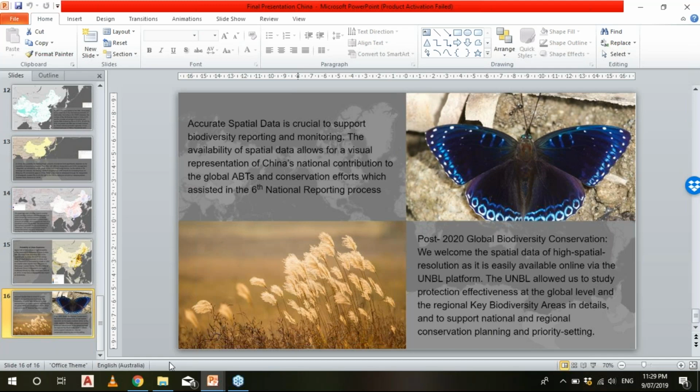This information also helped us to change the protected areas boundaries based on the new information about the hotspots and the distribution of biodiversity. It has also helped decision makers outside the Ministry of Environment to manage development mega projects.